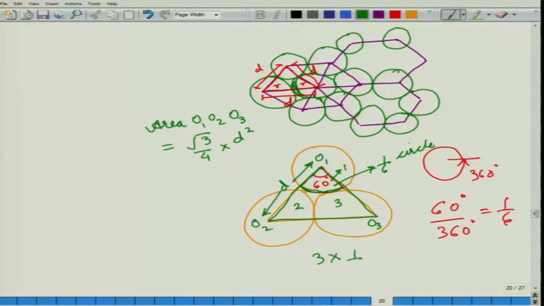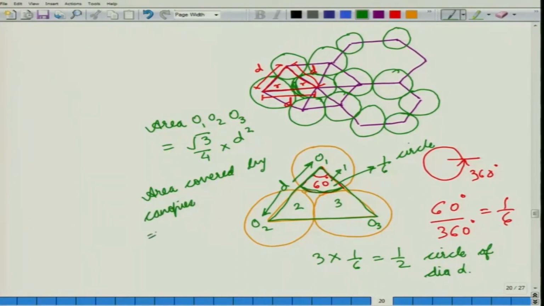So, we have 3 into 1 by 6 circles, or we have a half circle here of dia d. Now, the area covered by the canopies is equal to half the area of a circle of dia d. So, it becomes half into pi by 4 into d square.